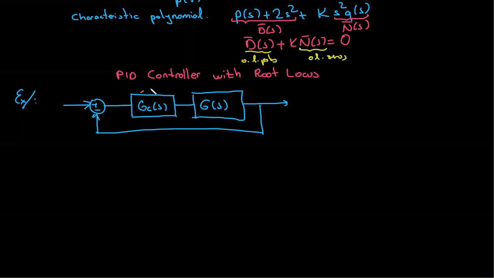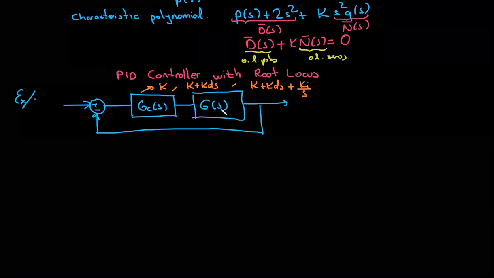Let's say this might be only one variable K, or a PD controller K plus KDS, or a PID controller K plus KDS plus Ki over S. I would like to see what the effect of using any of these controllers will be on my system, using the root locus technique.